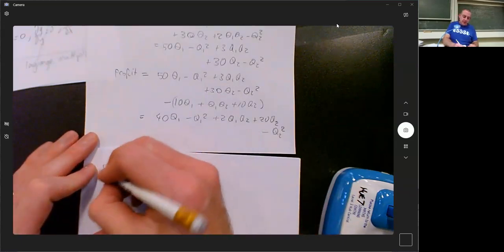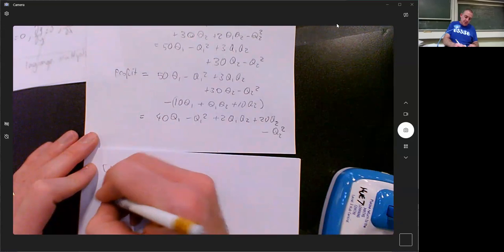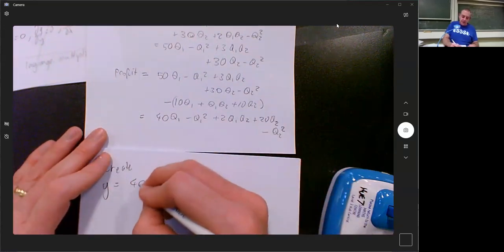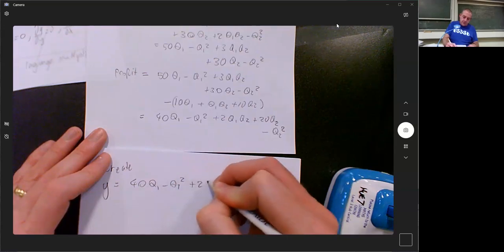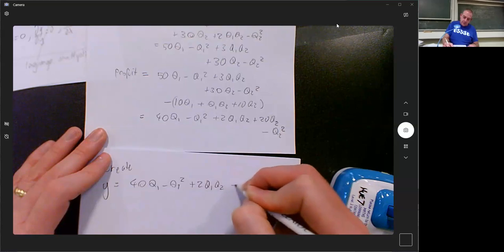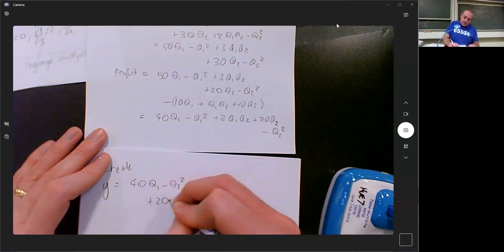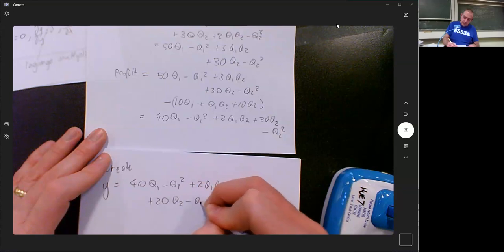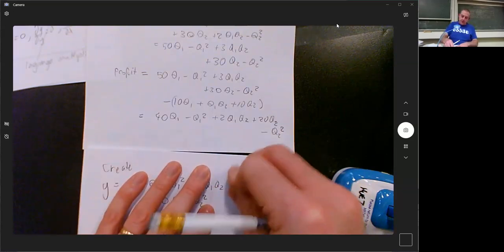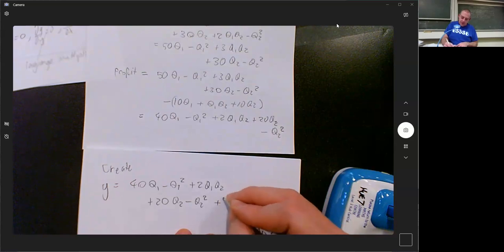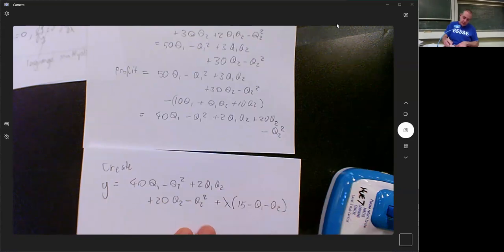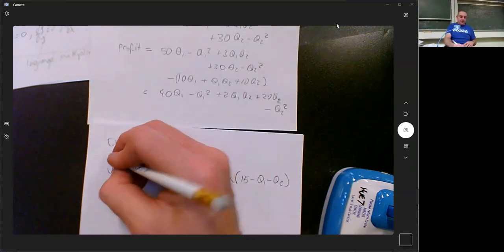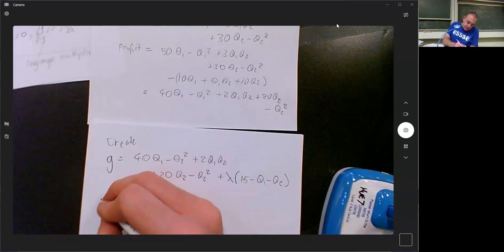So we're going to create my function g, which is all of that, plus lambda times the 15 minus Q1 minus Q2. All right. dg on dq1.